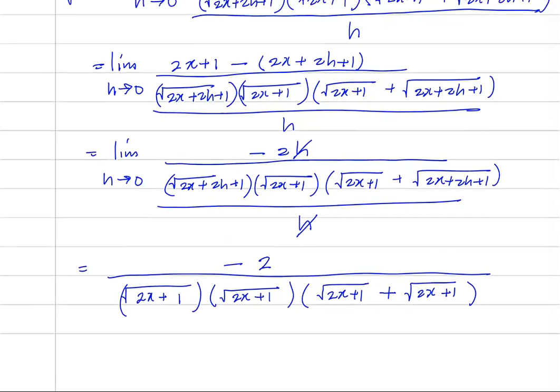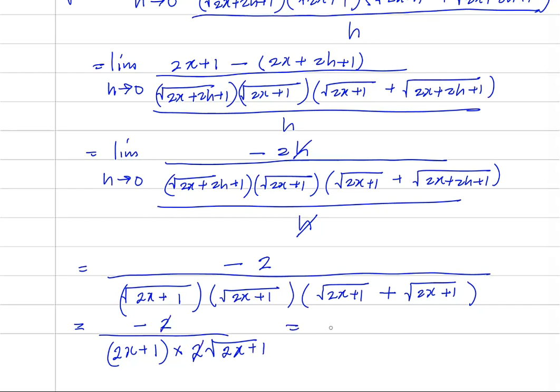Alright, this is what we have so far. So what we have here is minus 2 over 2x plus 1 multiplied by 2 times the root of what? 2x plus 1. This 2 here cancels this 2.